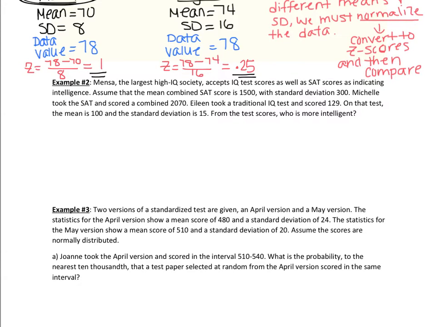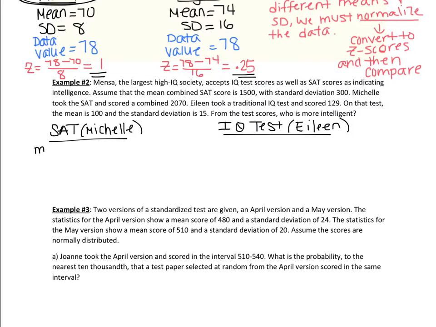So there are two tests being taken here: an SAT by Michelle and an IQ test from Eileen. All right, so let's figure out what the mean is, the standard deviation, and the data value for Michelle.